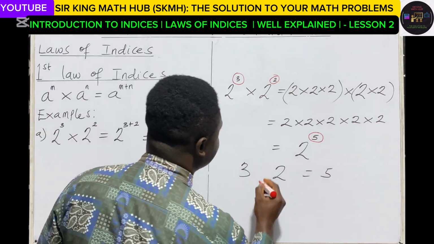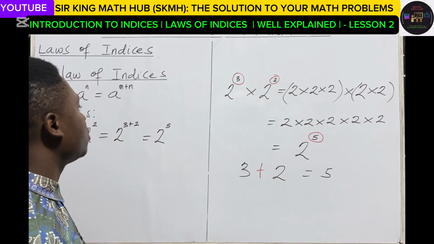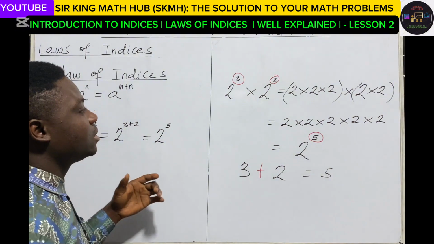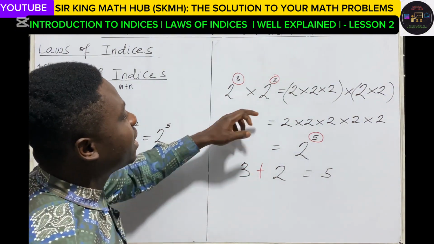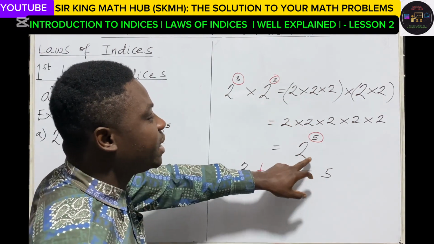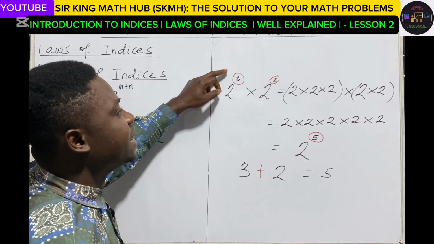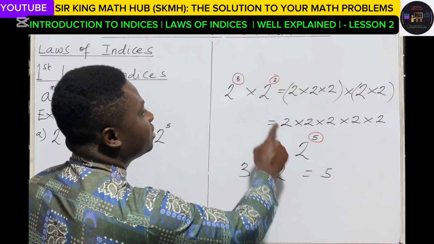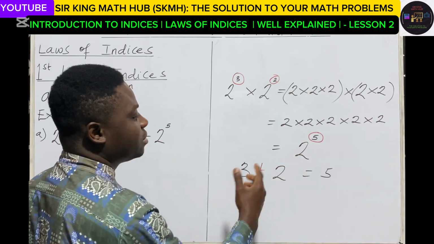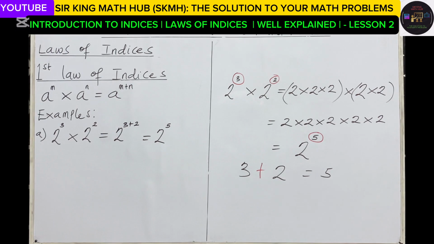So clearly that is addition, because 3 plus 2 is 5. So all that this law is telling us is that anytime we get a situation like this, we shouldn't waste our time expanding them into this form before we get the final answer. Because the bases are the same and the indexes are multiplying, we just write one of the bases and then we add the index, and that is the answer. So that is for the first law.